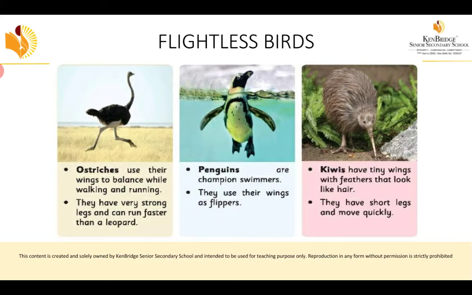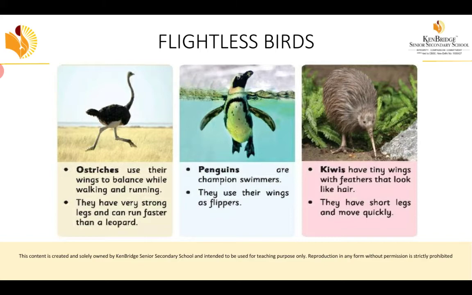Next, flightless birds. What do you mean by flightless bird? Birds that do not use their wings to fly. Some birds will not use their wings to fly. That type of birds are called flightless birds. Here are some examples: ostrich, penguin and kiwi.